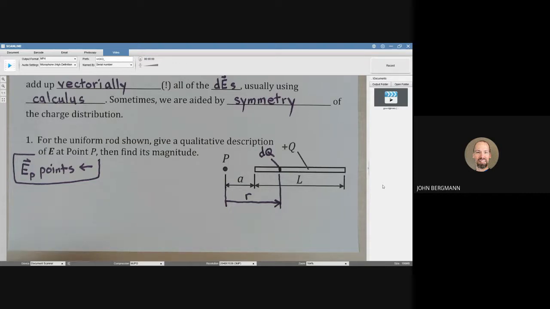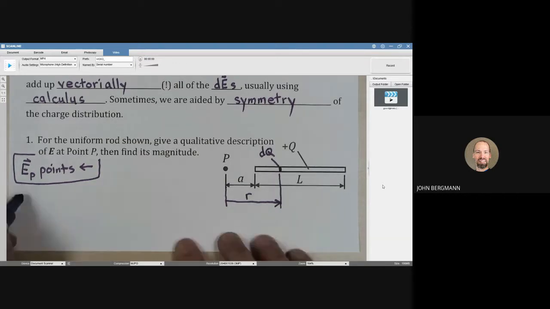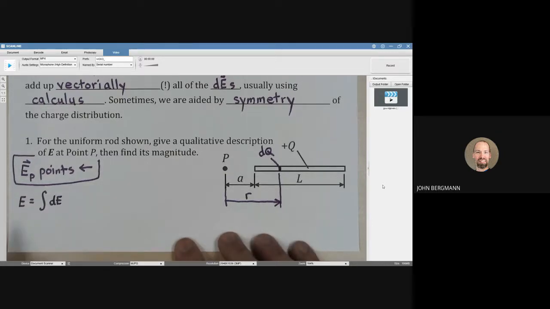So what we're going to do is say that the magnitude of the electric field is going to be the sum of all of the little electric fields generated by the dq's, and the limits of that integration are going to be from r equals a. That's where we're going to start.